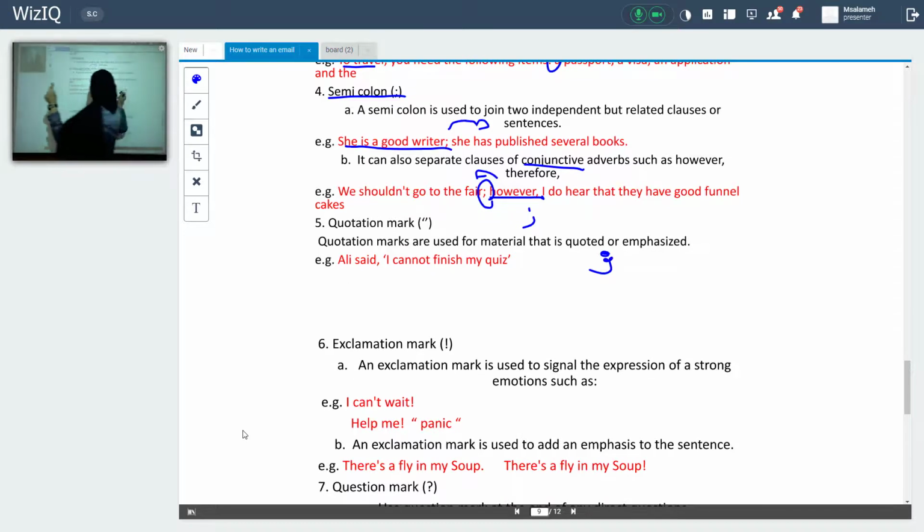And quotation marks are used for material that is quoted or emphasized. Like Ali said, I want to tell you what Ali said. It's not my word, it's Ali's word. Okay? I cannot finish my quiz.